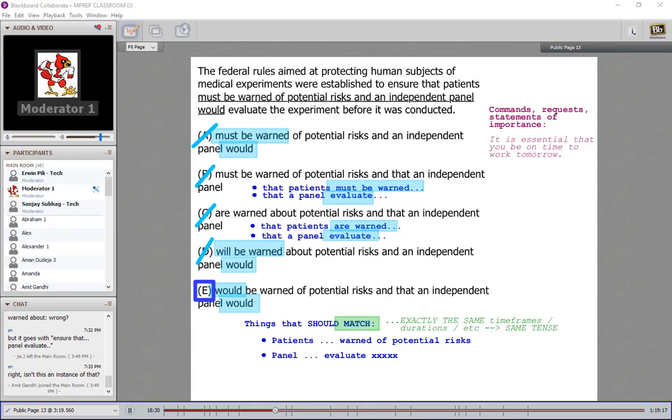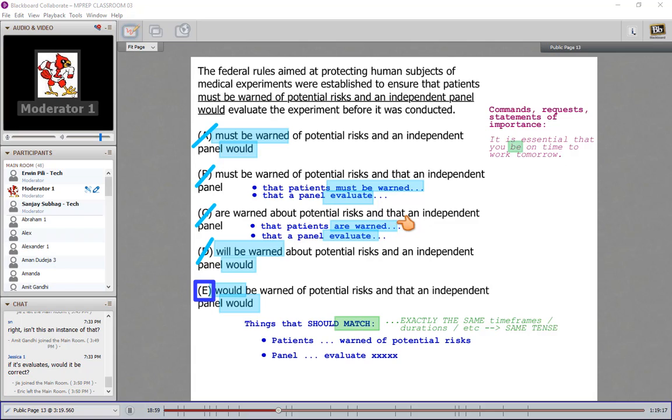In fact, this doesn't even have a tense. The form here is the same as whatever it would be with to in front of it. To be, this is be. To evaluate, this is evaluate. But all you're supposed to notice here is these don't match.